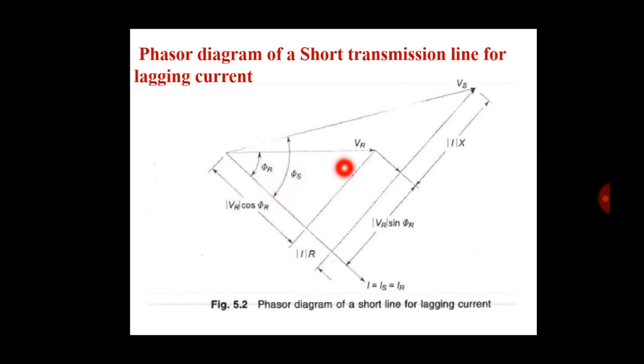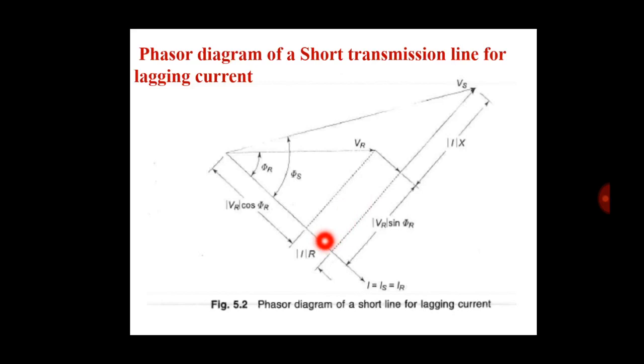Now here is VR, and we find the sending end voltage. The sending end voltage is always greater than the receiving end voltage. So now we add to VR the drop I into R. What is R?